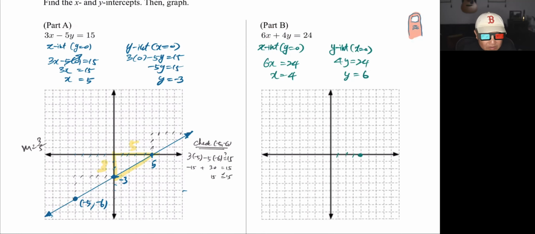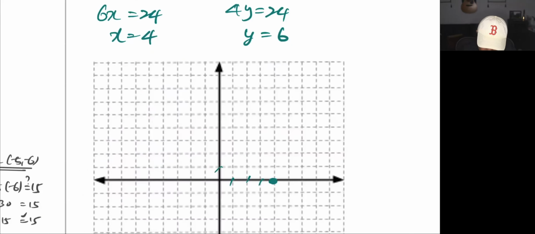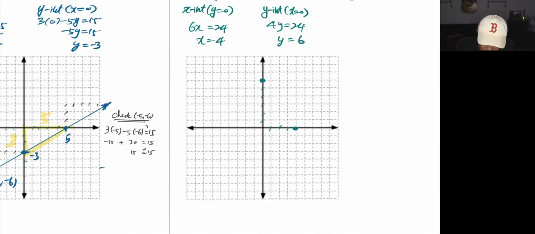So my y-intercept is 6. So let's do that. So you go 1, 2, 3, 4, 5, 6. That appears to be right. And then let's draw a line. Let's try to be kind of careful here, guys. Okay, that looks pretty good to me. So center it right there. And there you go.